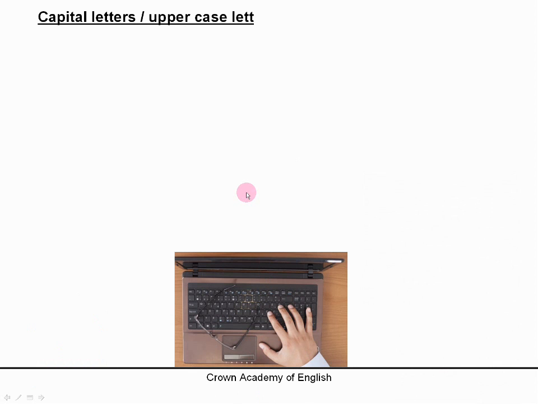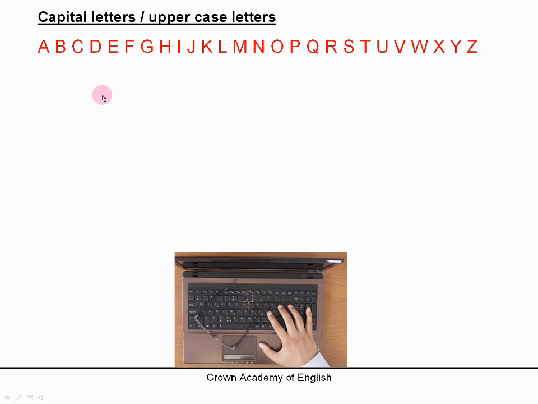So capital letters, well, we can also call them uppercase letters, and this is what they look like. Okay, so it is the normal alphabet, 26 letters of the alphabet, and they are the larger letters. They are taller and wider than the other small letters.